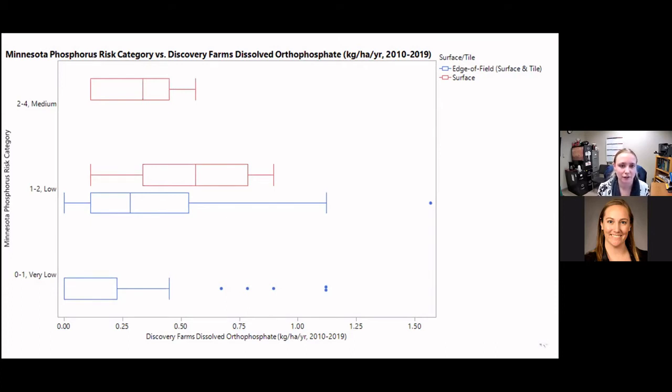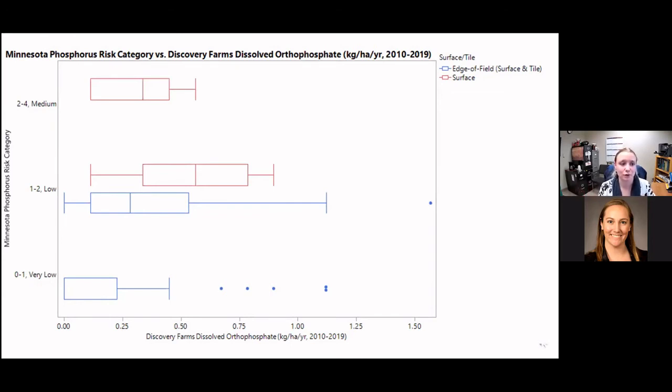So dissolved orthophosphate here ranges from 0 to 1.5 kilograms per hectare per year along the x-axis, graphed with MinPI risk category on the y-axis. We see that the very low is lower than the low, because the box and whisker plot is not stretched out as far as that low category.